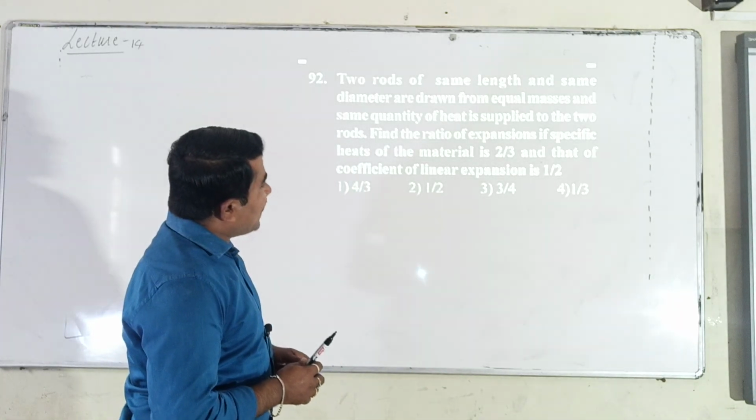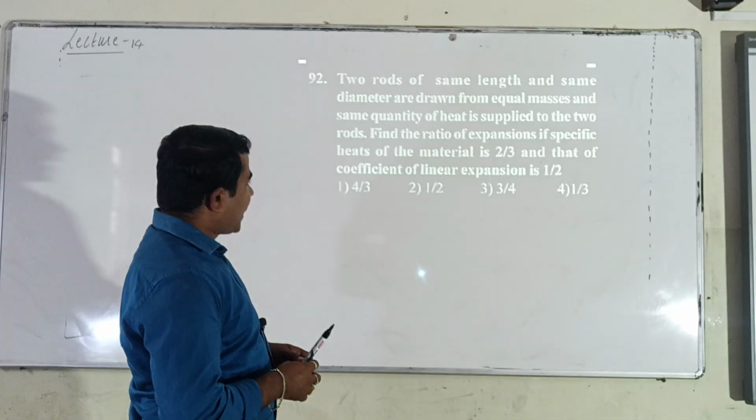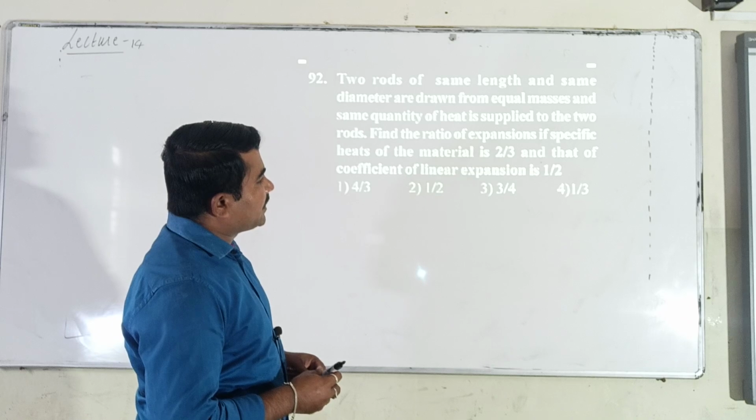Find the ratio of expansion if the specific heat of the material is 2 by 3 and the coefficient of linear expansion is 1 by 2.